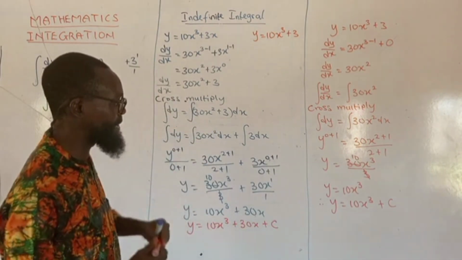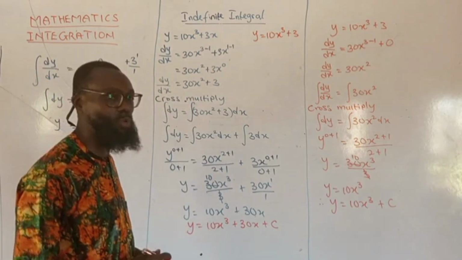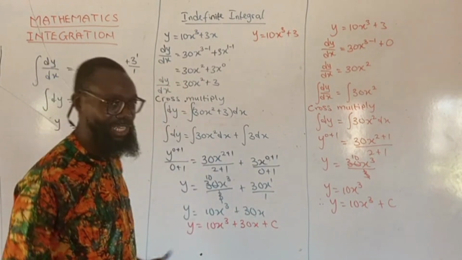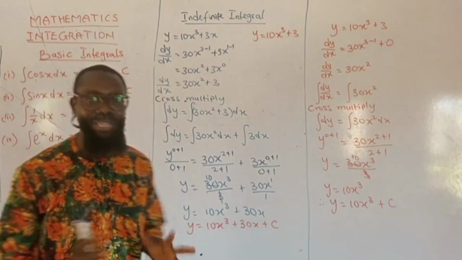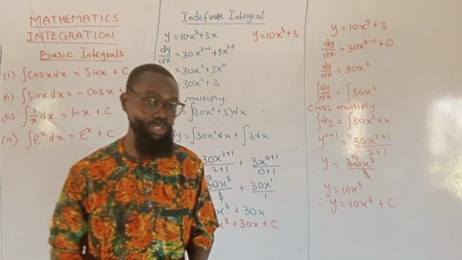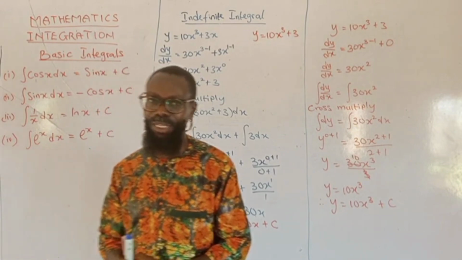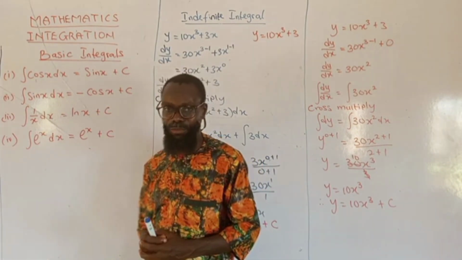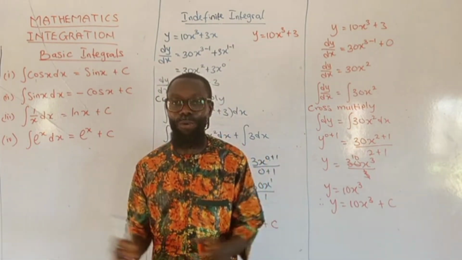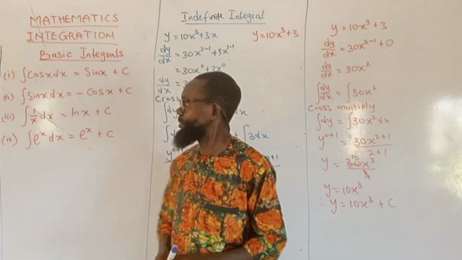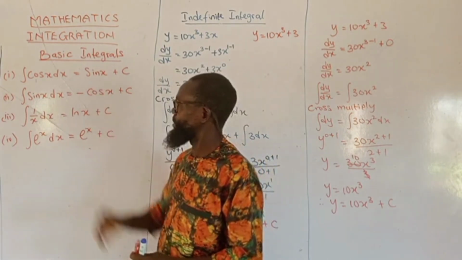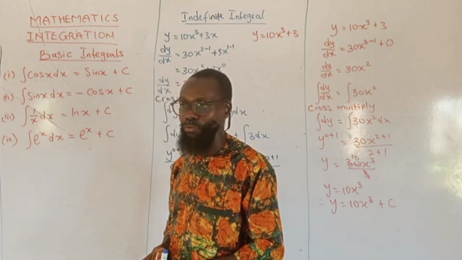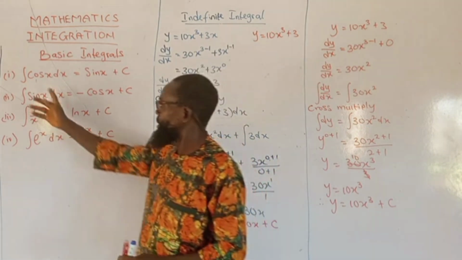So this type of integration is what we refer to as indefinite integral. There are some basic integral functions that are very important when we are dealing with integration, especially for those of us writing the JAMB examination. These are the basic integrals that we have to know very well. 1.